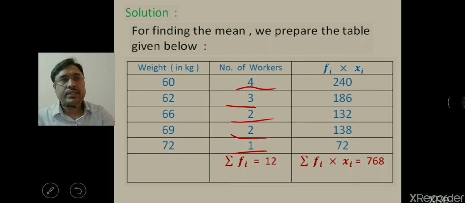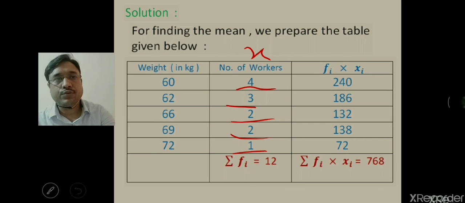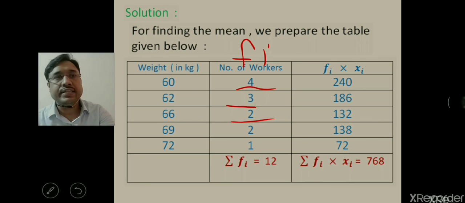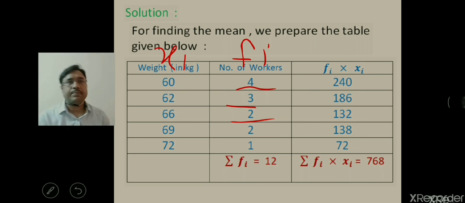The number of workers shows the frequency, that is, how many times that data repeats, and the weight in kg shows the xi, the numerical data.